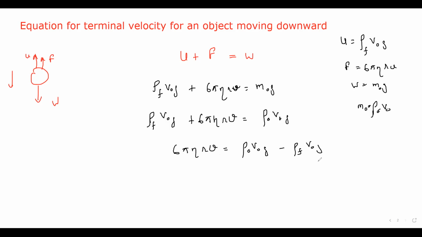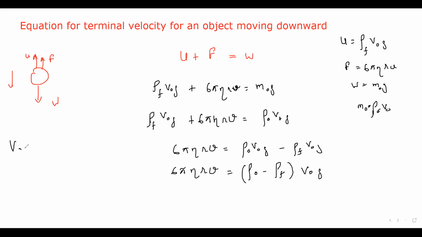Then when we take volume of object common, 6 pi eta r v is equal to density of object minus the density of the fluid, into volume of object and gravity.